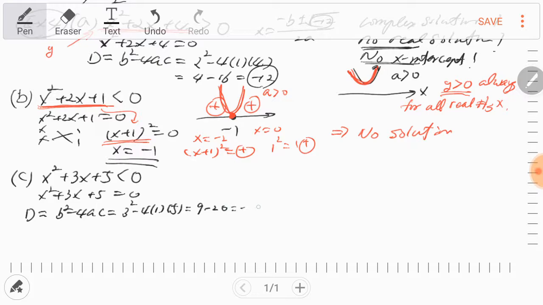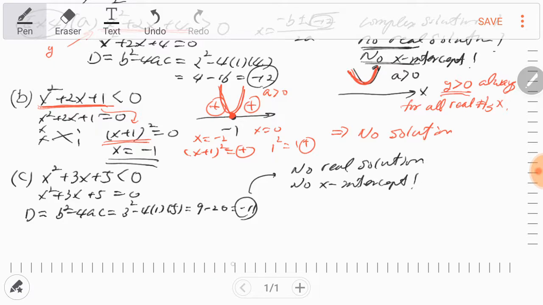That is negative 11. The discriminant is negative, so this one is similar to the first one. There is no real solution.